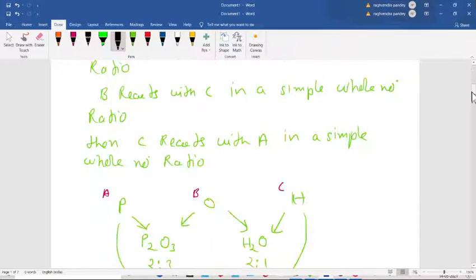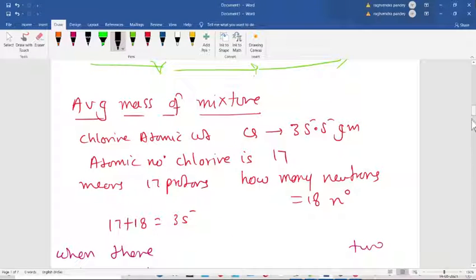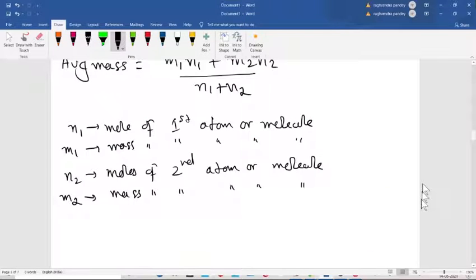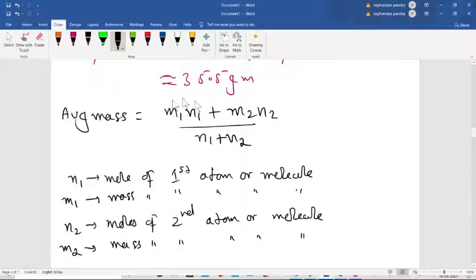So this is your M1, or you can write anything. So this is your first mass into number.